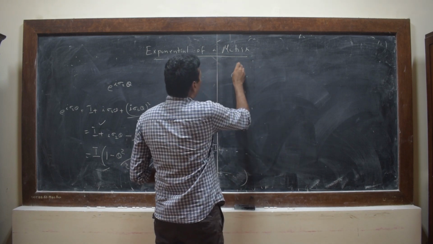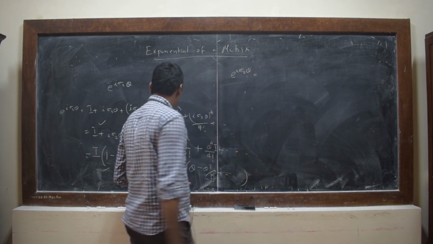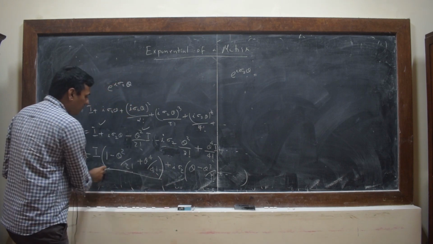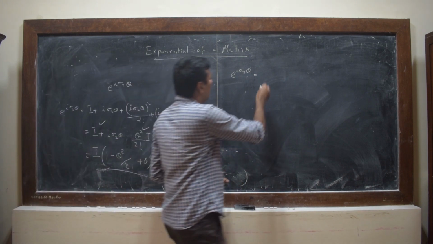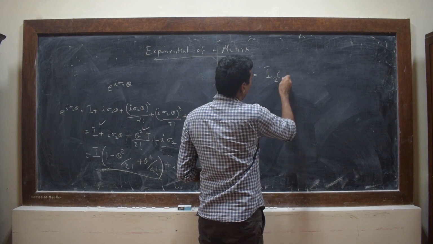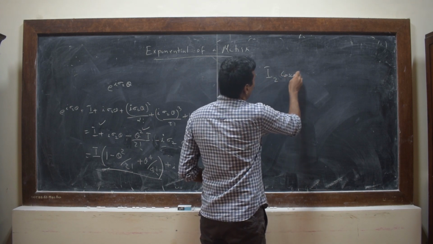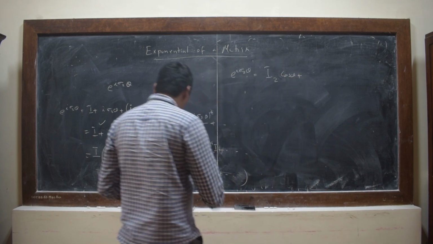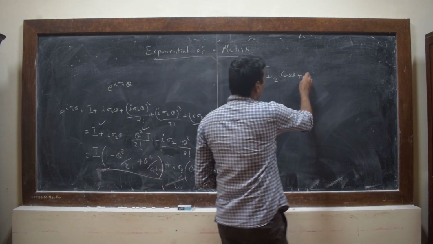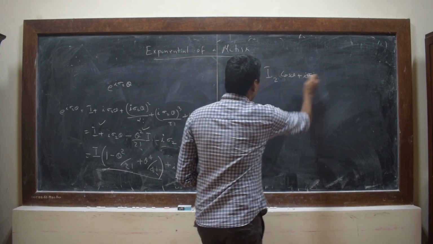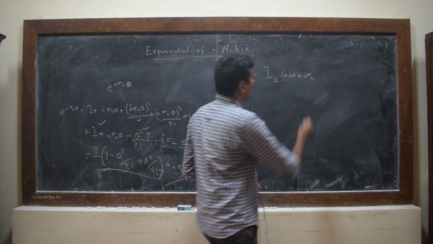So e raised to i sigma 2 theta is going to be equal to, what is this thing? This is cos theta. So I2 cos theta plus i sigma 2, and this is going to be sin theta.